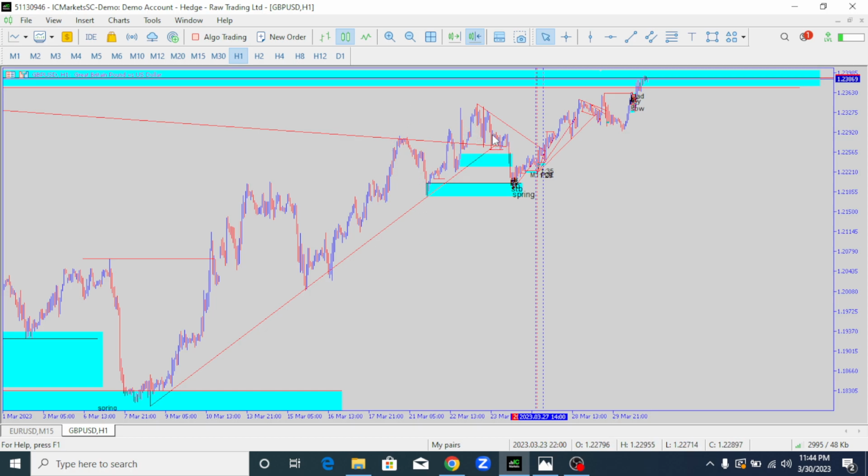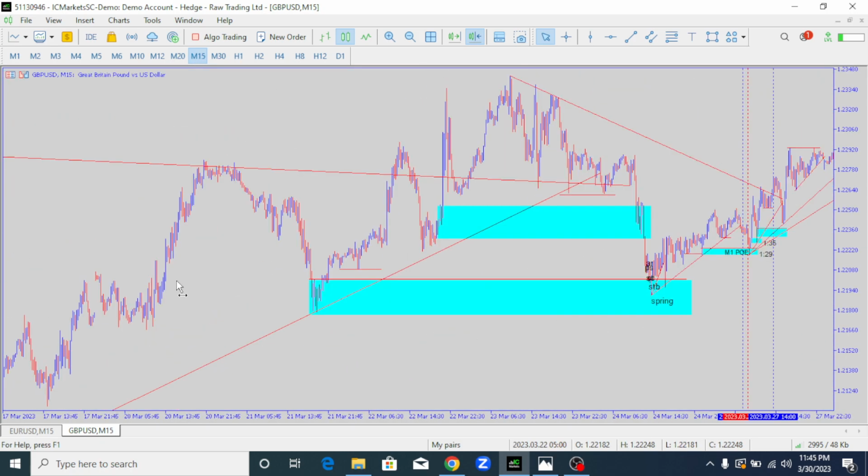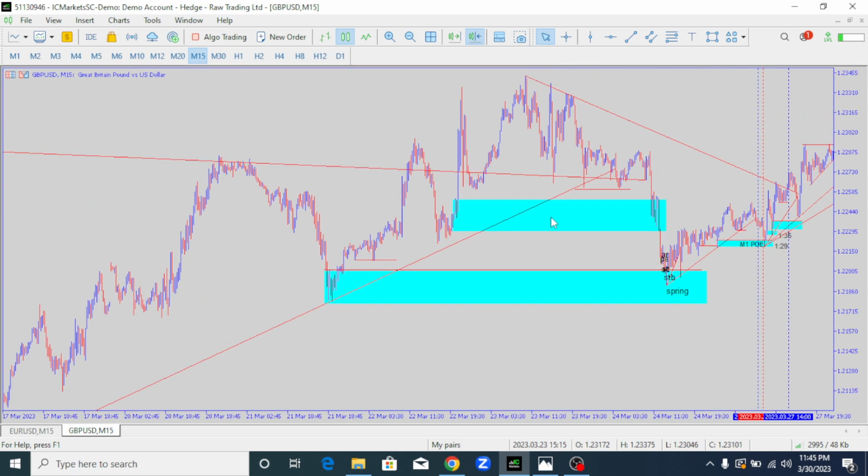And at this point, lots of people were buying. You see, that's where these two high time frame momentum trend lines met. So a lot of people, the markets rejected. So a lot of people were buying, and there were these equal lows.